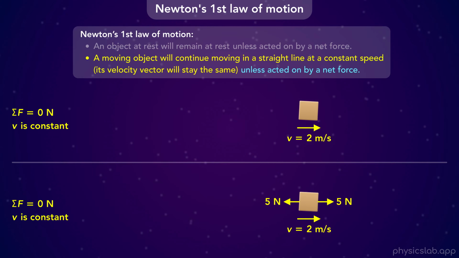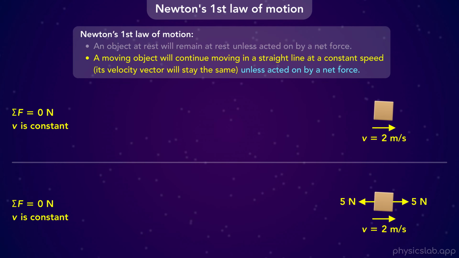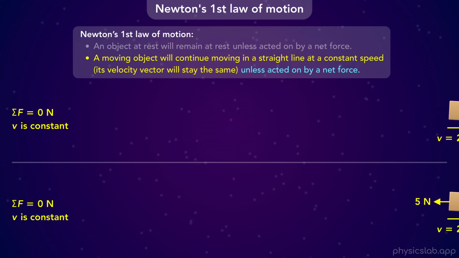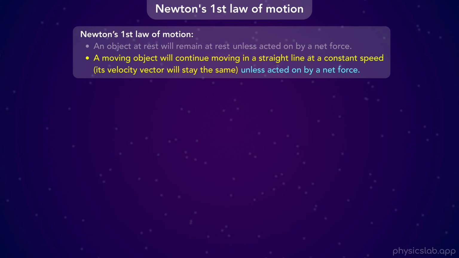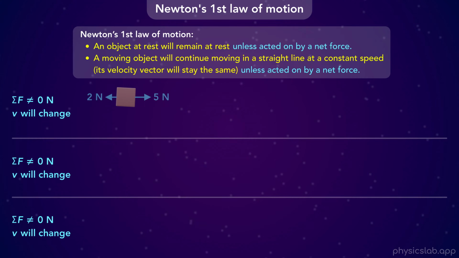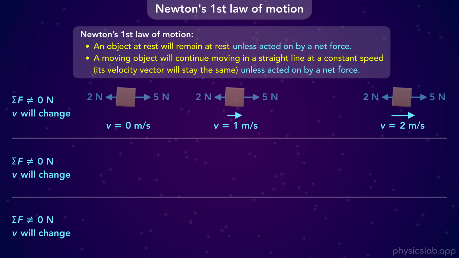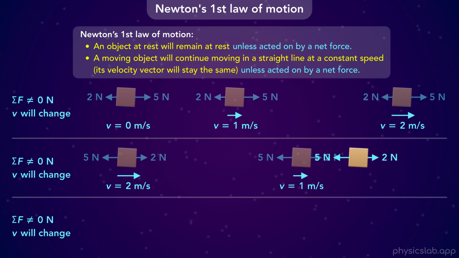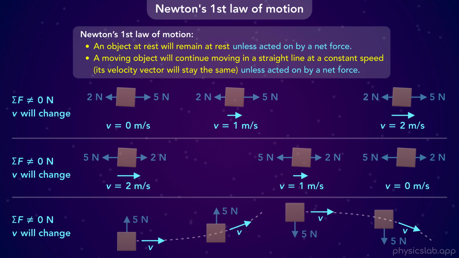Again, there may be forces, but there's no net force. If there is a net force acting on the object, its velocity will change. It might speed up, it might slow down, or it might change direction.